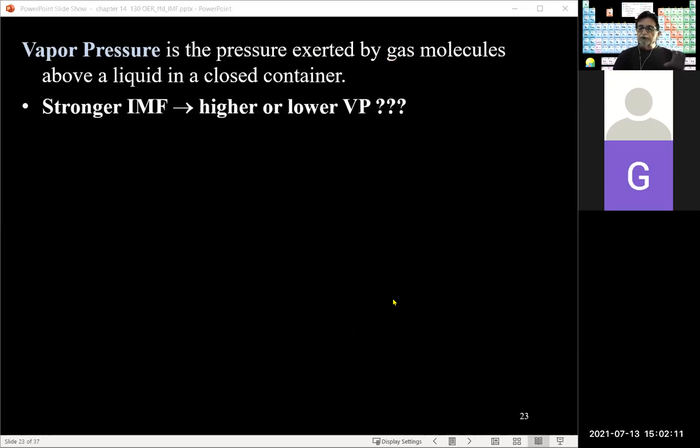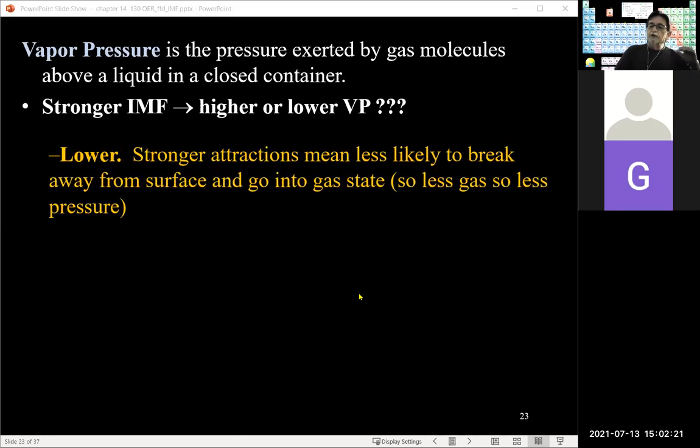So vapor pressure is exerted by gas molecules above a liquid in a closed container. So the stronger the IMF, the lower the vapor pressure, okay? Because it takes more energy to break the intermolecular forces from the liquid phase to let them go into the gas phase.